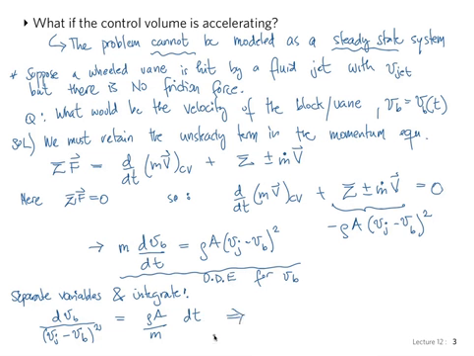The integral of this term is 1 over (V jet minus V block), and here we have rho A over m times t plus a constant of integration. To find the constant of integration, we need to apply some initial conditions, and so we could perhaps have that the velocity at time equals 0 is 0. The block starts from a stationary situation.